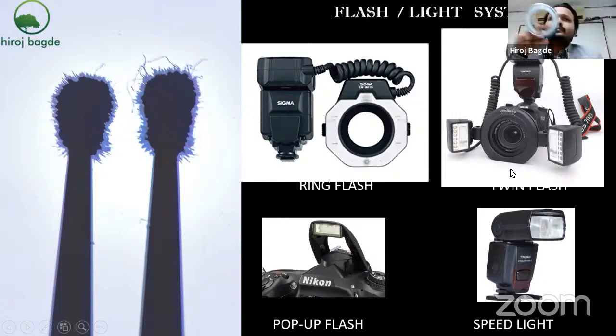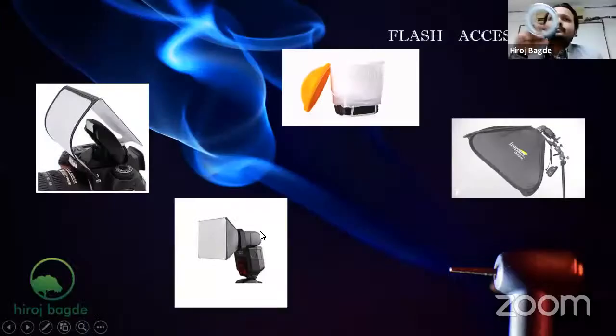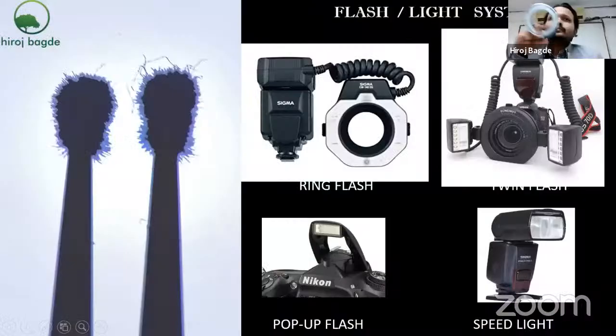As I told, these diffusers or blocks can be used on both the flashes so that the light is diffused again. I am saying this because diffusion of light, for me as a macro photographer, is my own thing. It's not written anywhere, but through so much usage of different kinds of flash systems, I came to the conclusion that everything is about light and its diffusion.